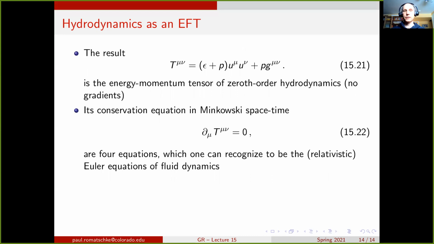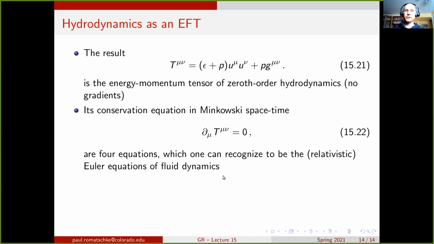The conservation equation for the energy momentum tensor in Minkowski space looks like this. It's the gradient of T^μν is 0. And since we now have all the building blocks here, we get 4 equations which describe the evolution of the energy density and the 4-velocity for this particular system. And it turns out you can show that these 4 equations are nothing else but the so-called Euler equations of fluid dynamics.